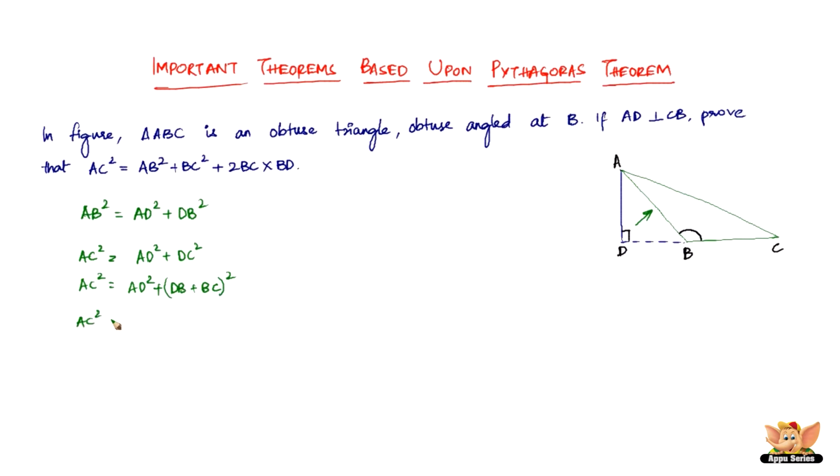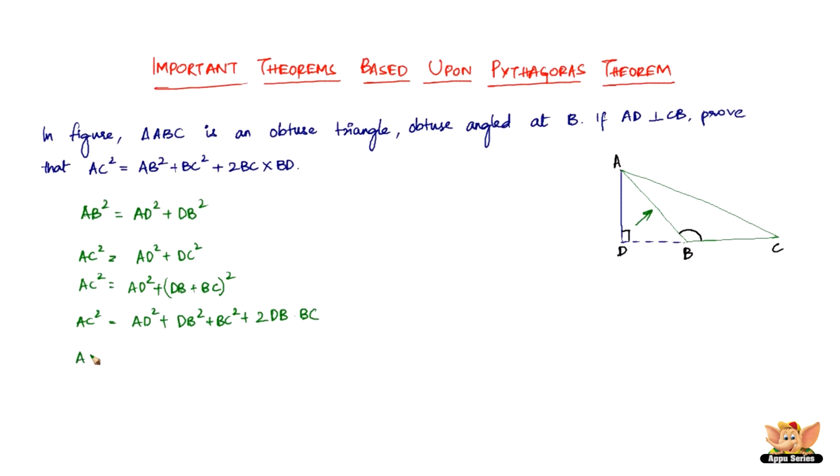Then we've got AC square equals AD square plus, we need to use the A plus B the whole square identity here, so it becomes DB square plus BC square plus 2DB times BC.